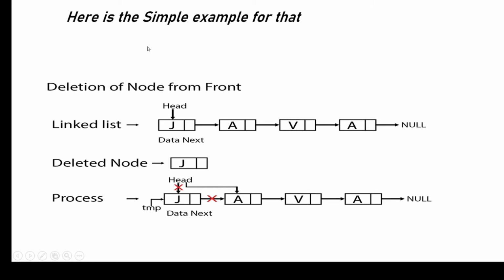Here is a simple example for that. We have 4 nodes with different data values such as J, A, V and A. So we want to delete the first node from the list. For that, copy the address of the first node and store it in a temporary variable.